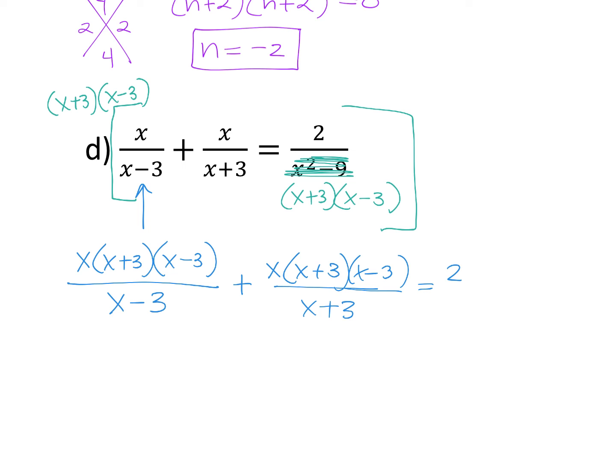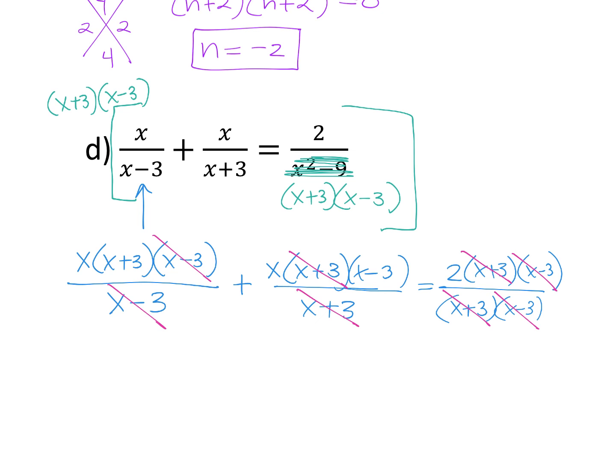And then it's 2 times x plus 3 times x minus 3 over x plus 3 times x minus 3. Looks awful, but you're going to start slashing and it gets a lot simpler. So x minus 3 over x minus 3, x plus 3 over x plus 3, x plus 3 over x plus 3, x minus 3 over x minus 3.